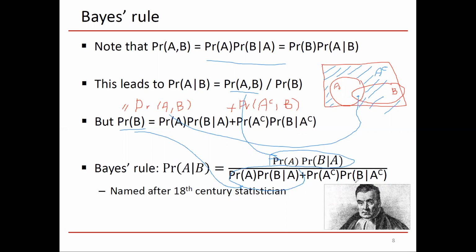Now, Bayes' rule is used very frequently in statistical areas, and it's named after an 18th century statistician who put together this result.